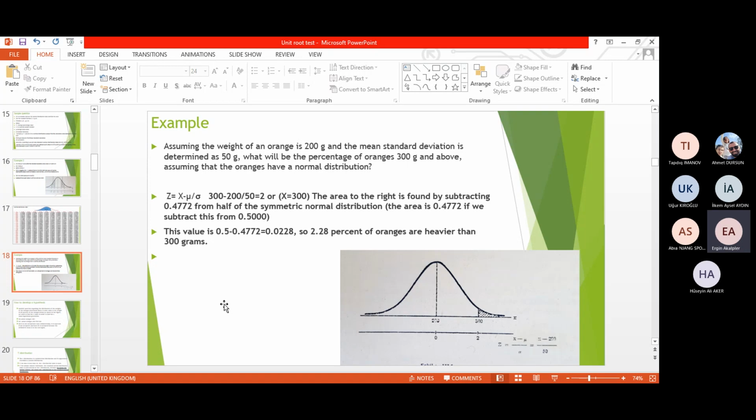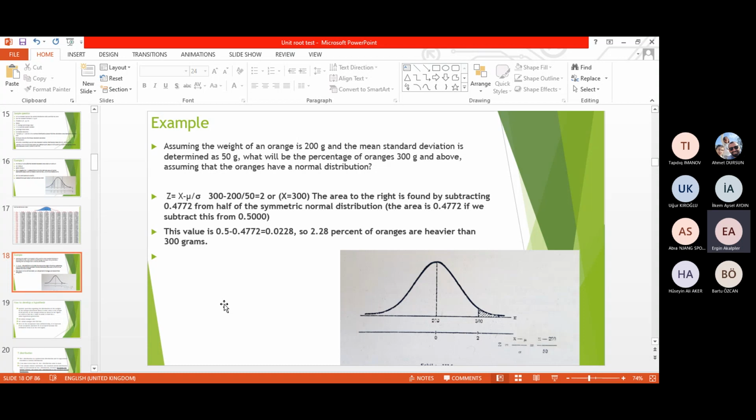What will be the percentage of oranges if the oranges are 300 gram and above? Assuming the oranges have a normal distribution, and Z is again X minus mu divided by sigma, here we're going to apply 300 minus 200 divided by 50. Then this will give you again a Z-score of 2, and X is assumed to be 300.